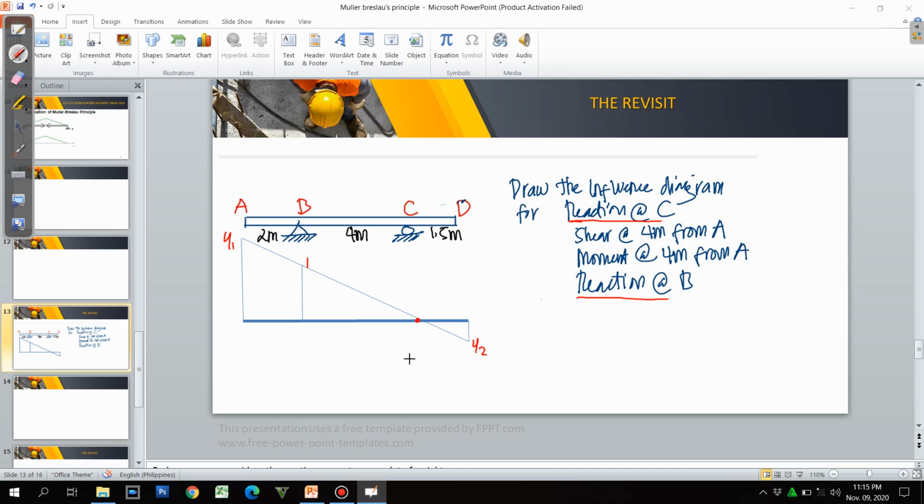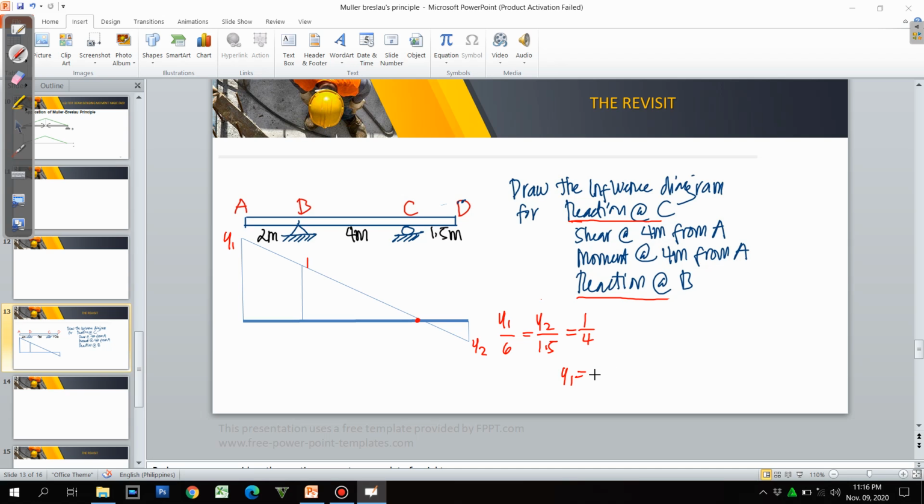So again, we'll be utilizing similar triangles. We can say that y1 is to 6 is equal to y2 is to 1.5. That will be equal to 1 all over 4. So therefore, y1 here will be paired to 1/4.